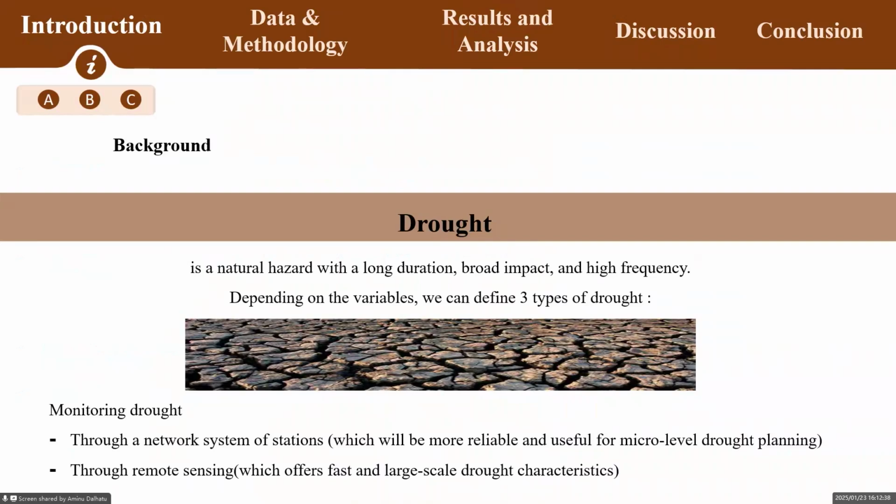It is more reliable and more effective, but it is costly and only covers a small area. And then we have the remote sensing techniques that cover a large scale, fast, and give us so much information about so many drought characteristics.